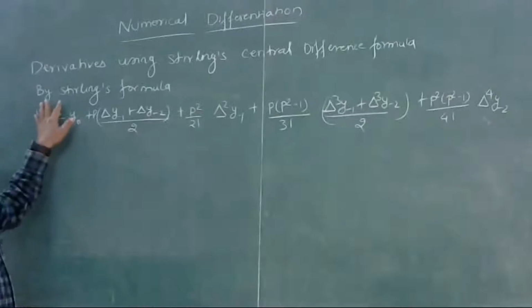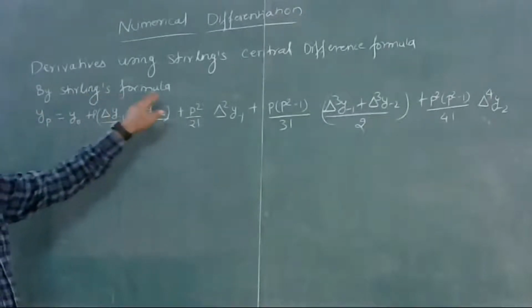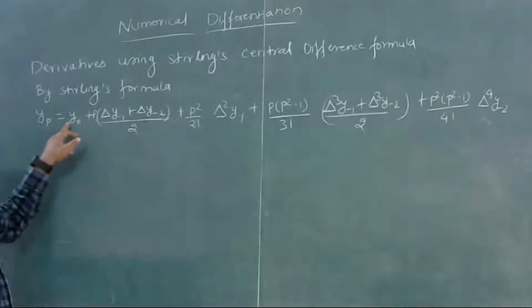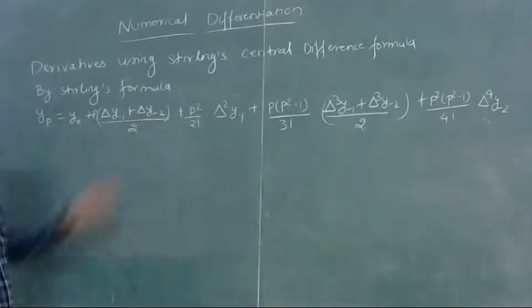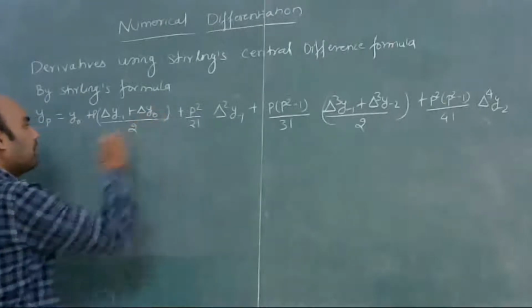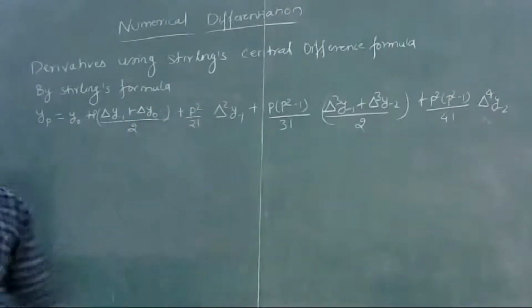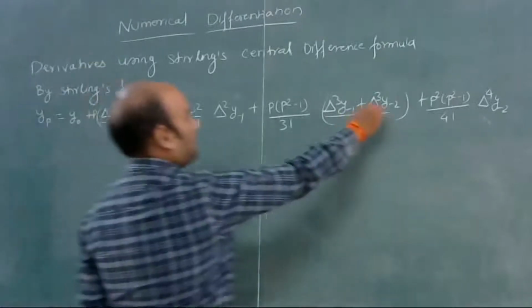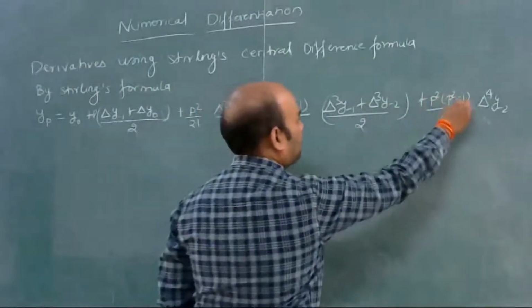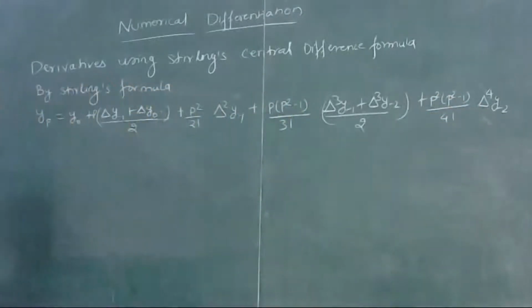So by Stirling's central difference formula, we have y_p is equal to y_0 plus p (del y_-1 plus del y_0) divided by 2 plus p square by factorial 2 del square y_-1, then p(p square minus 1) divided by factorial 3 (del cube y_-1 plus del cube y_-2) divided by 2 plus p square (p square minus 1) upon factorial 4 del to the power 4 y_-2.